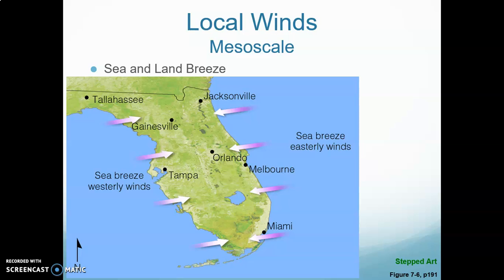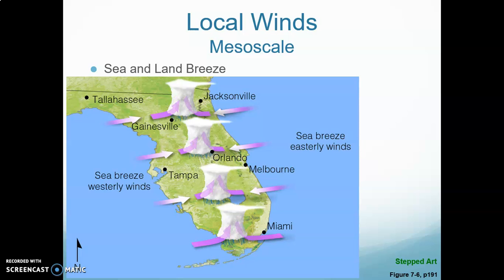But in the summer, when it gets hot enough, these sea breezes get so strong that they reach the center of the state. And when they reach the center of the state, they converge and hit each other. There's nowhere else to go but up. And so they form even larger, stronger thunderstorms right down the center of Florida. This region is what we call the sea breeze convergence zone.